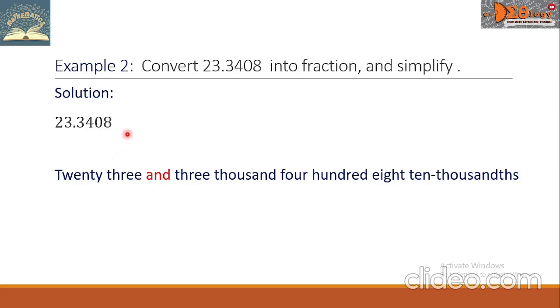So we write this as a fraction. In the numerator, we copy our decimal without the decimal point over the 10,000 value, which is coming from the place value of the last digit, which is 8. And then, let us express our denominator as 10 raised to 4.